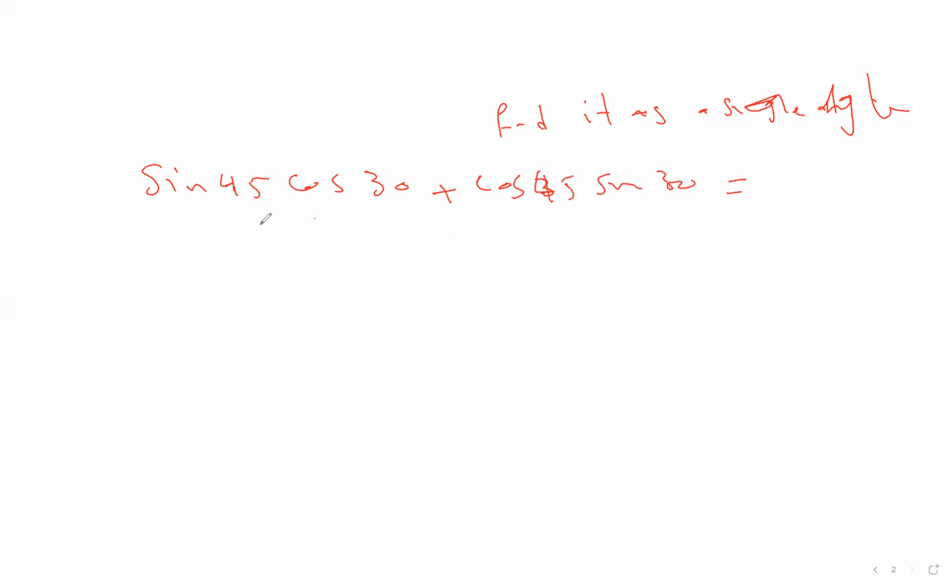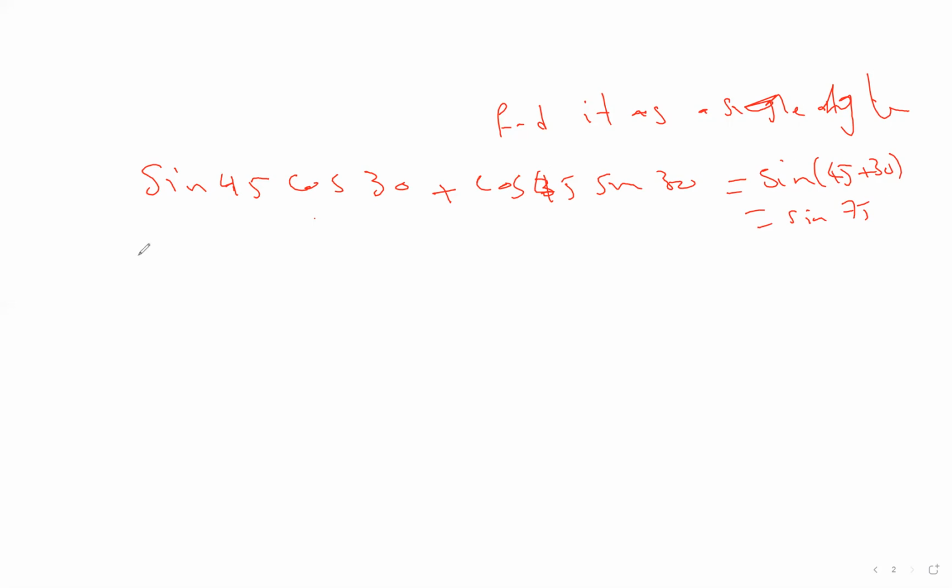This is the formula of the sine of the sum of two angles. It will be sine 45 plus 30, which is sine 75. He didn't ask about the value. You need only to write this one as a single angle.